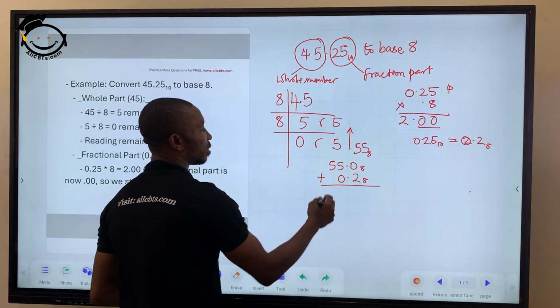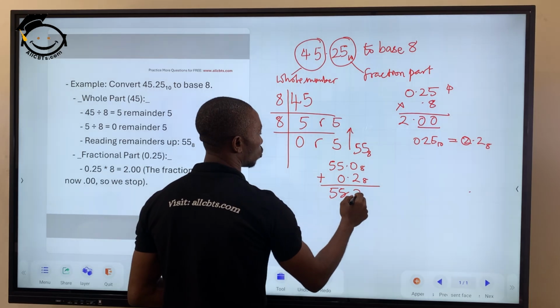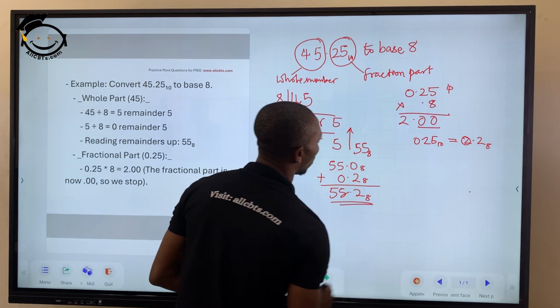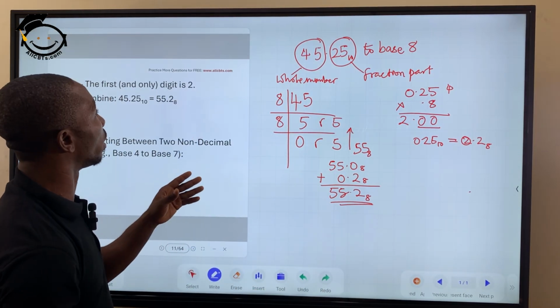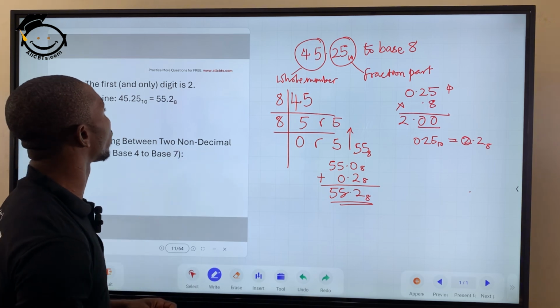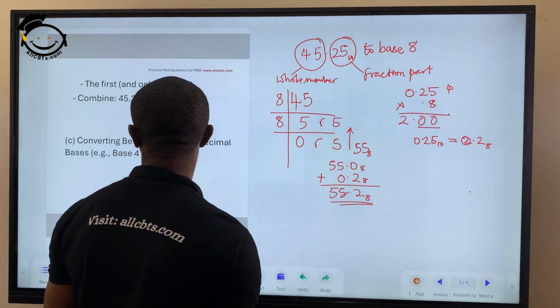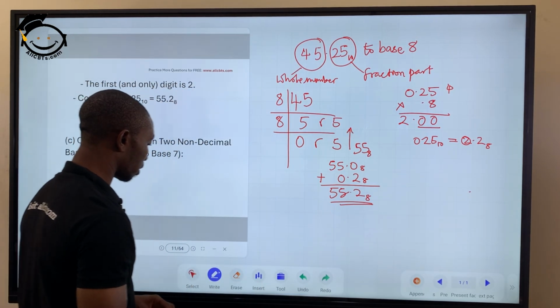Add them up, this gives us 55.2 base 8. Alright, so with this, we've converted 45.25 to base 8.